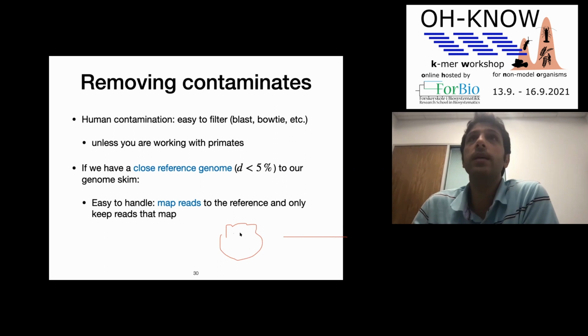You take your reads in your genome skim and you use BLAST or Bowtie or any read mapping tool that you like. If a read maps to that reference, it's fine. You keep it. If it doesn't, you get rid of it, right? If the reference is close enough, this would work. If you don't have a close reference, what do you do then?